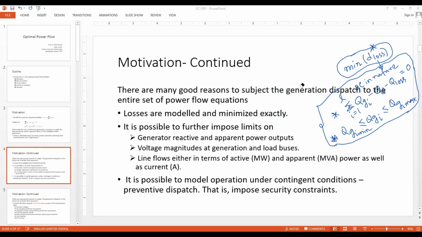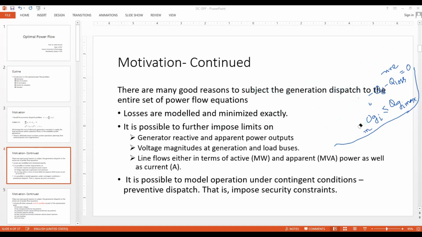So for example, if we want to get the information about the losses, okay, so the losses can be modeled, and losses can be also minimized, which I just said. So before minimizing the losses, we also have to think about modeling of the losses. And by losses, we may refer to the P loss as well as the Q loss.